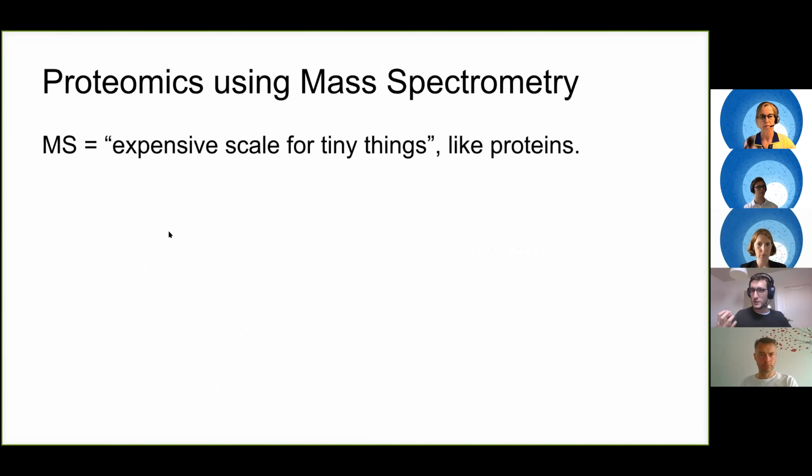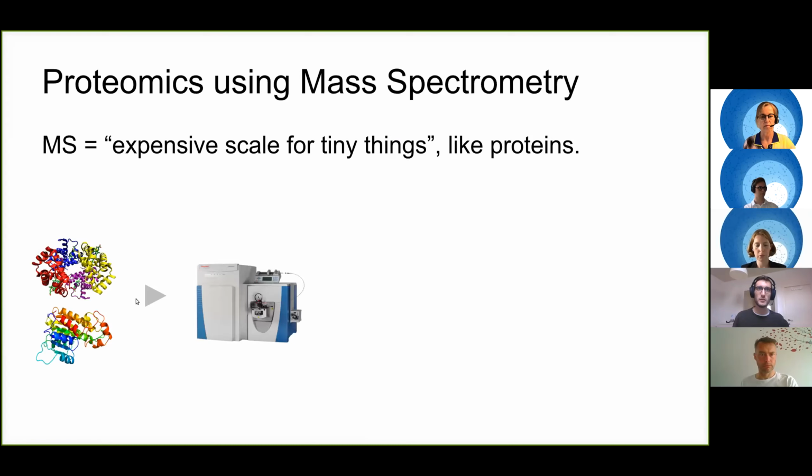How do we do this in practice? Well, we use mass spectrometers. Those are high-tech instruments, which are basically expensive scales for very tiny things like proteins. And they have other application domains as well. And what we do is extract proteins from a biological tissue and put them all together into the mass spectrometer.